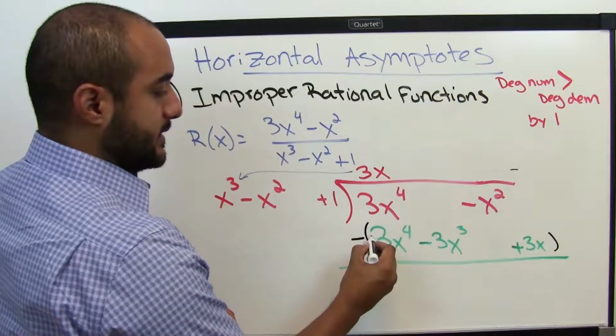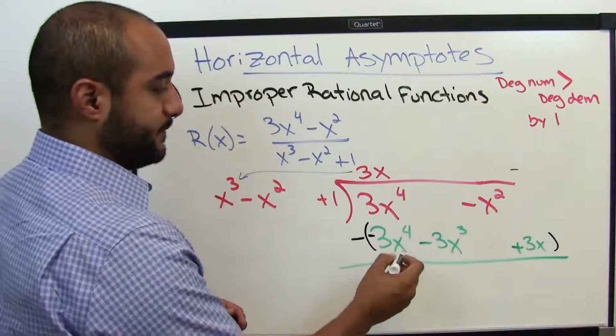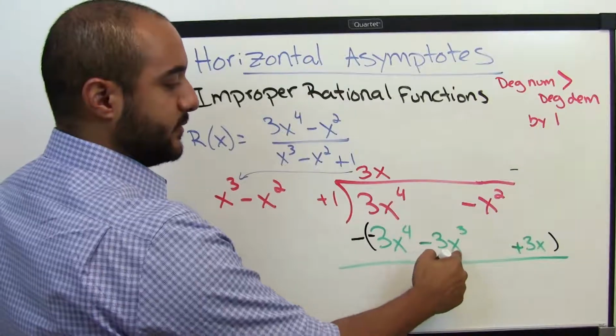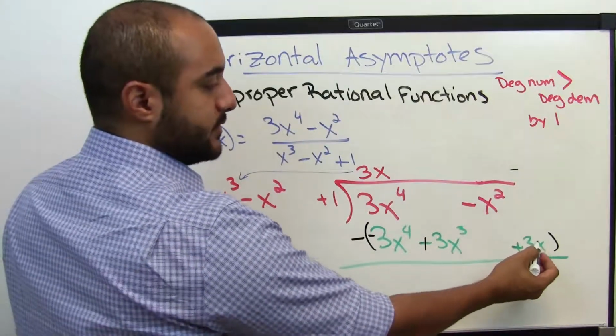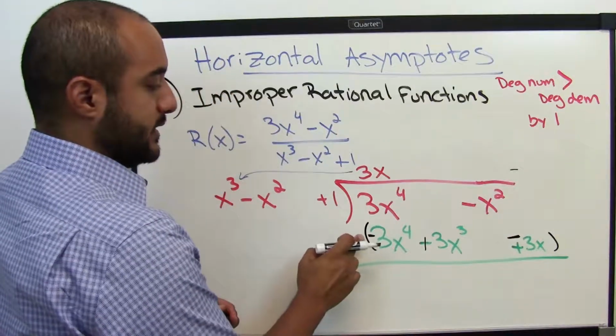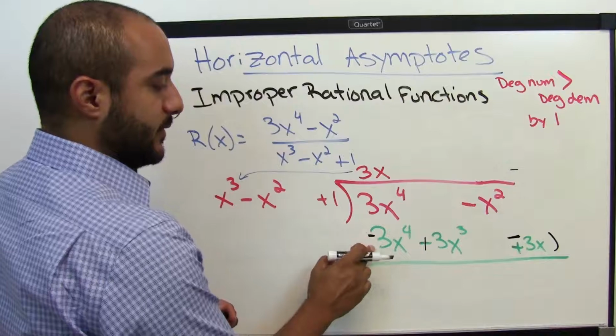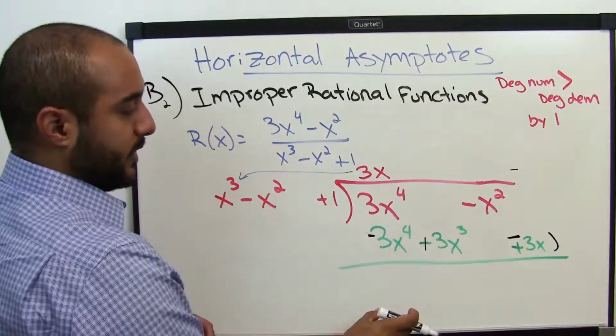So this is actually minus 3x to the fourth, like you've seen before. And instead of minus 3x to the third, this is plus 3x to the third. Instead of plus 3x, it's minus 3x. Okay? So once I distribute that out, this is actually what I have and what I'll add together so that I can subtract properly.